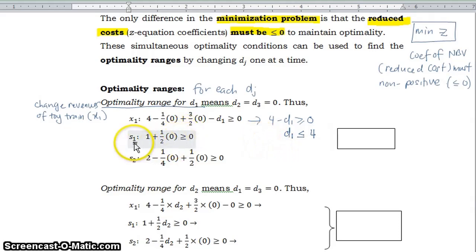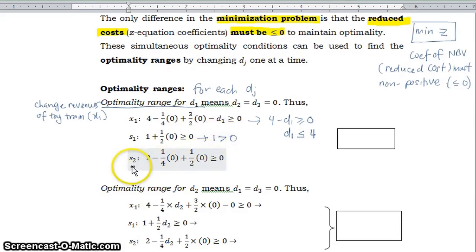For the reduced cost of S1, the formula is 1 plus 1 over 2 D2. We know that D2 is 0, so we get 1, and this value is always greater than 0.